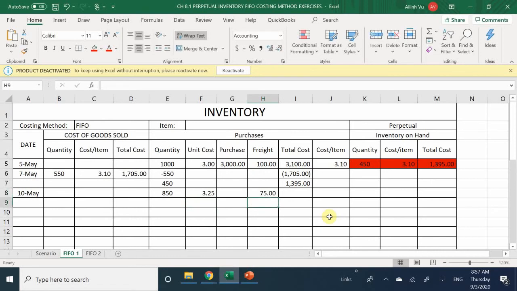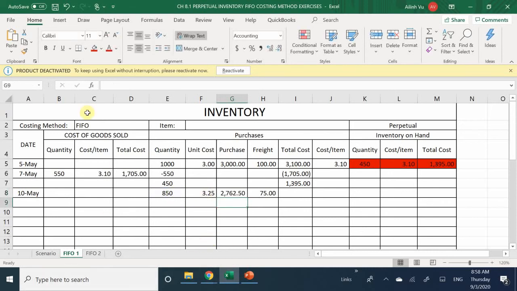I'm sorry, $75. Okay, so in here, we can't just apply our formula over and over again because we're going to be doing calculations. So every single time we enter a purchase, we're going to have to reiterate another formula.